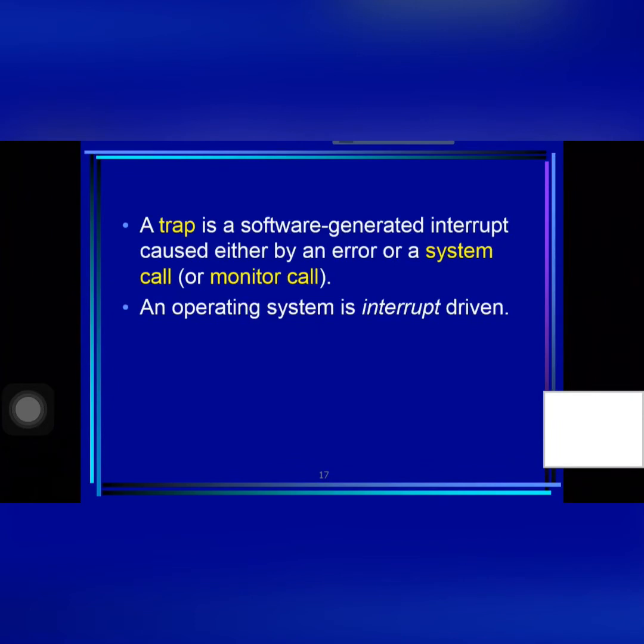The interrupt architecture must also save the address of the interrupted instruction. Many old designs simply store the interrupt address in a fixed location or in a location indexed by the device number. More recent architectures store the return address on the system stack.